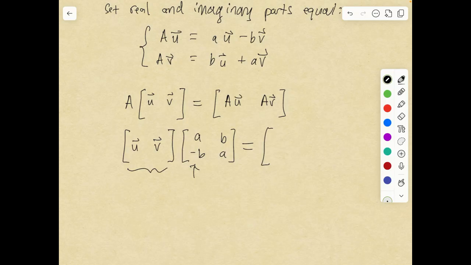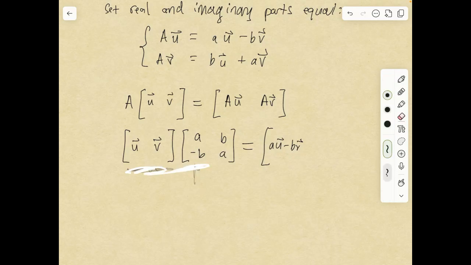And when you take a matrix and multiply by a vector, one way to think about that is that the vector is telling you what linear combination of the columns of the matrix to take. So when you take this matrix, whose columns are U and V, and multiply by this column vector A, negative B, the first column is going to be AU plus negative BV, so AU minus BV.